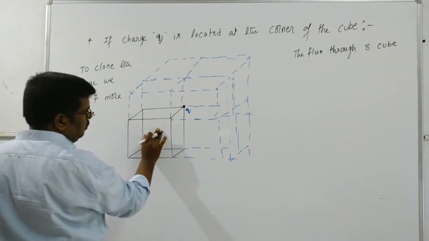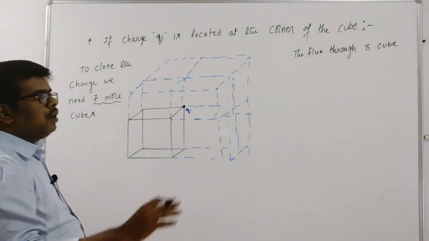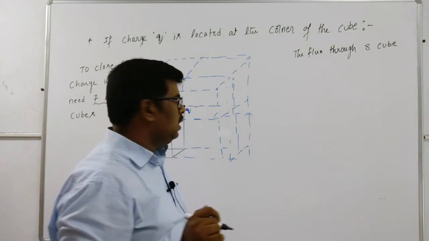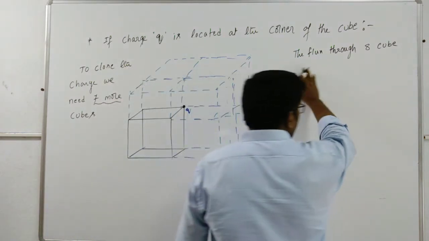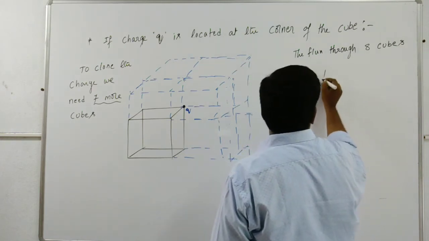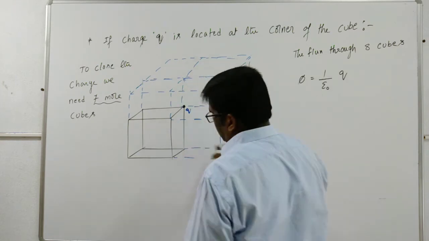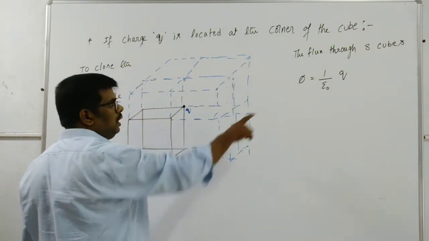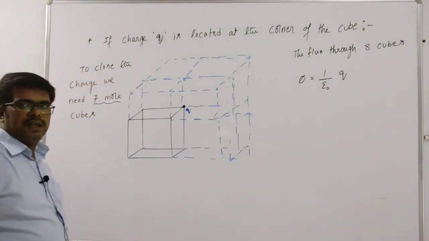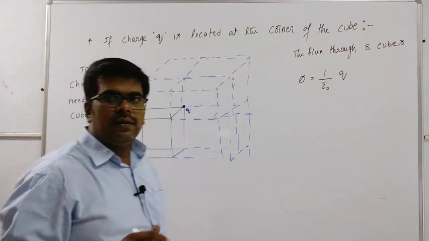See, 1 cube we have. To cover this charge, how many extra did we take? 7 more cubes. So totally 8 cubes enclose this charge. Then the flux through 8 cubes is phi equal to 1 by epsilon naught times the charge enclosed by these 8 cubes, that is q only. But our intention is the flux through 1 cube.